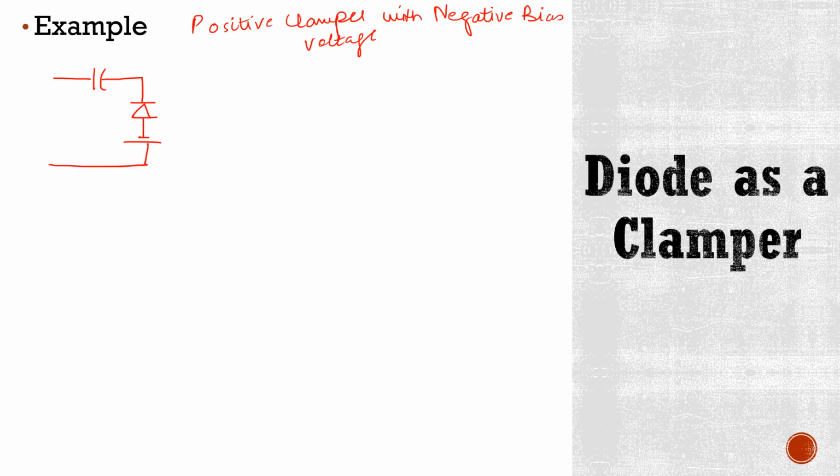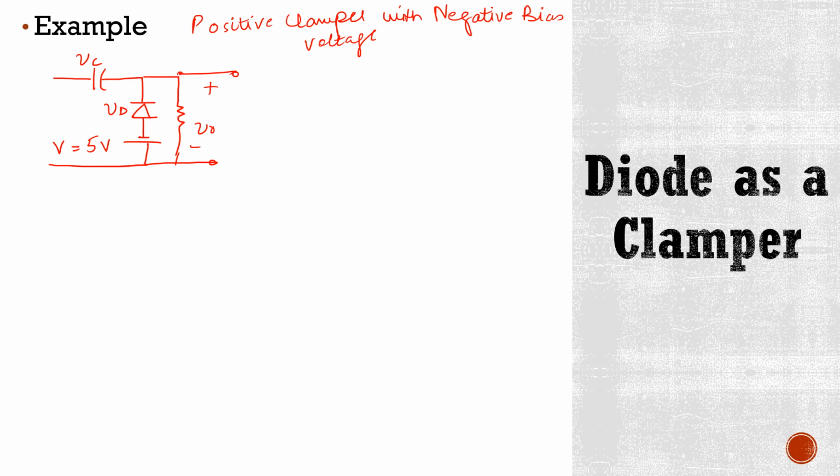It means now this diode is connected to this negative terminal of this DC battery, and we assume that it is 5 volts here. There you have VC, here you have VD, and here you have V naught. This is positive, this is negative.